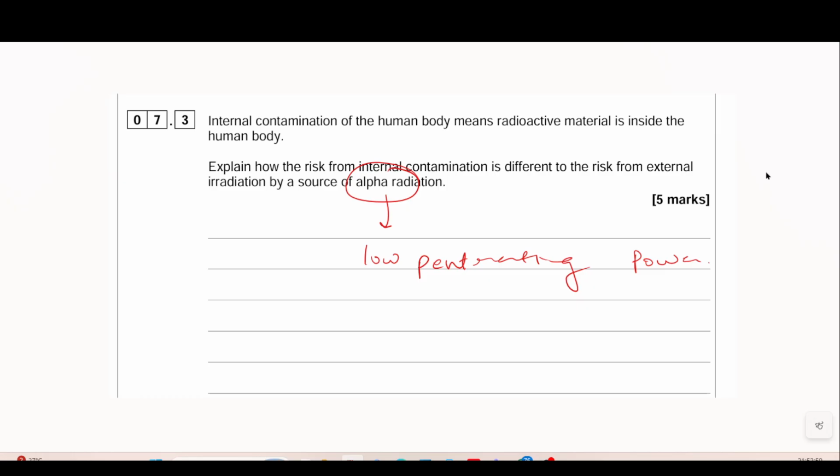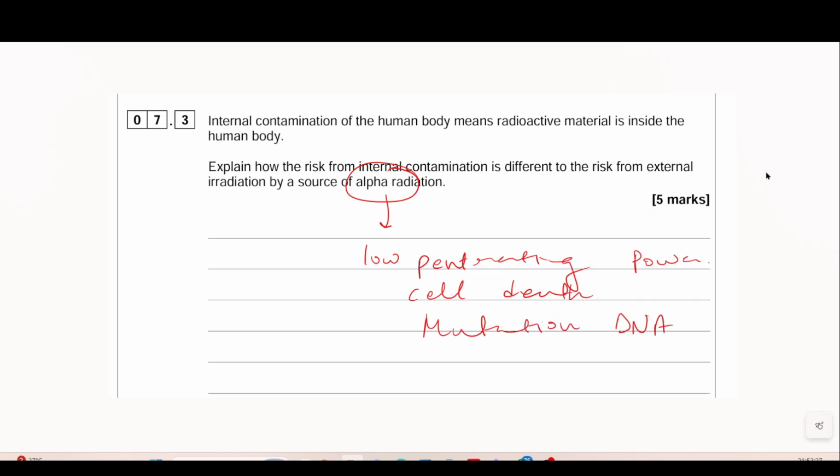It can cause cell death and cancer, because there is no protective skin barrier to block these particles. So externally there is a low risk, but there is a high risk when we inhale or swallow it. When it comes in direct internal contact, it can cause cell death, cancer, and mutation in DNA.